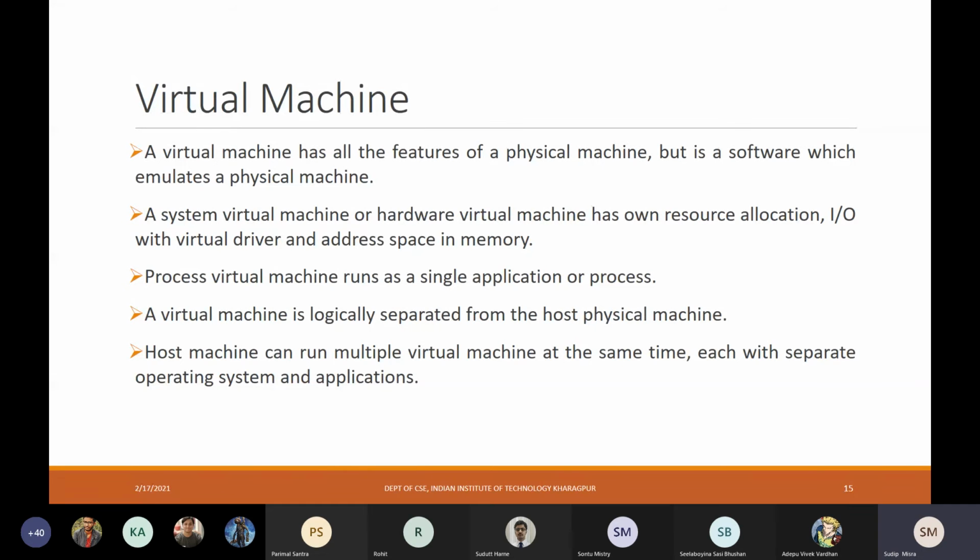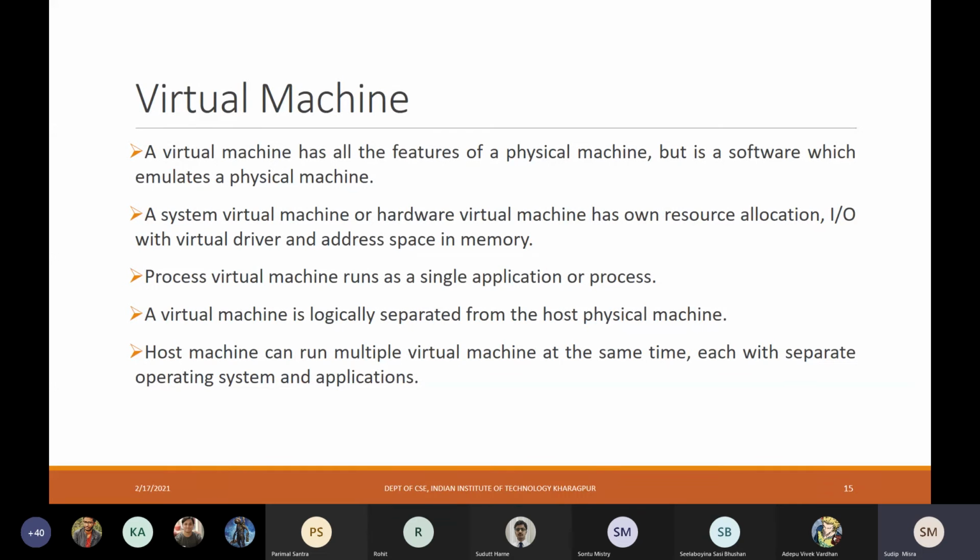Clear? A system virtual machine or hardware virtual machine has its own resource allocation, input output with virtual drivers, and address space in memory. Basically, it's software, but it gives you a feeling that it's like any other physical machine. Several virtual machines can be created on a host physical machine, and this host machine can run multiple virtual machines at the same time, each with a separate operating system and applications.